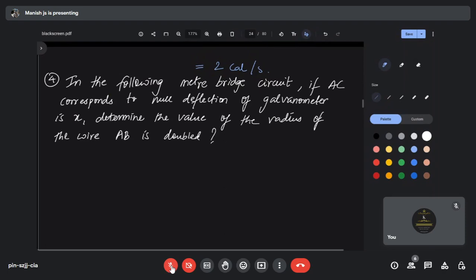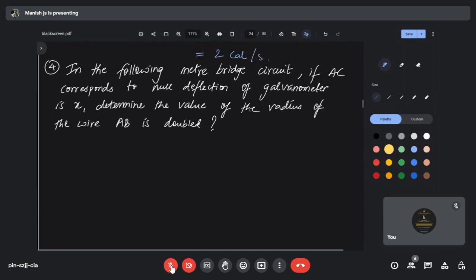So when AB is doubled, what is going to be the radius? Determine the value of radius of the wire AB is double. So the double பண்ணா, what is the radius?